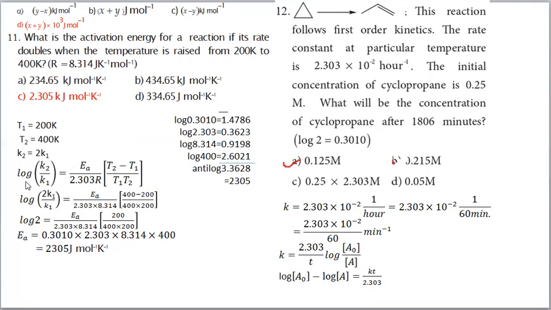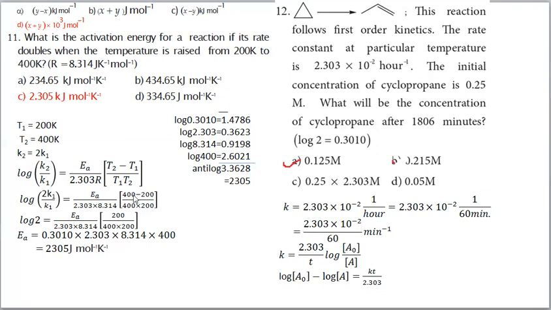So we know the formula: log K2 by K1 equals Ea by 2.303 R into T2 minus T1 by T1 T2. Now we can substitute the values. Log of 2K1 by K1 equals Ea by 2.303 into R, R is 8.314, into 400 minus 200 divided by 400 into 200.